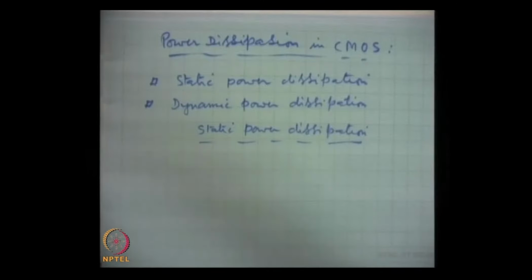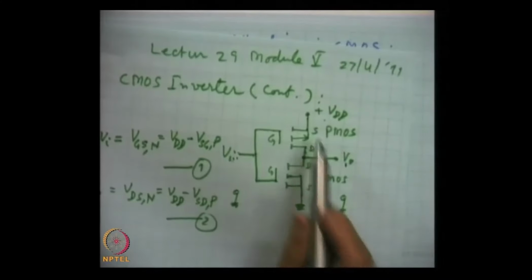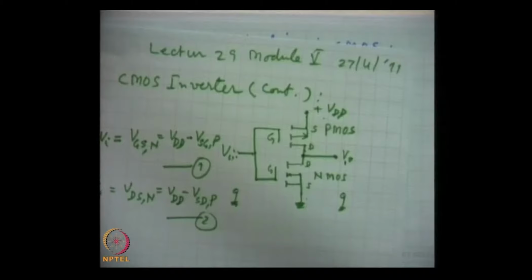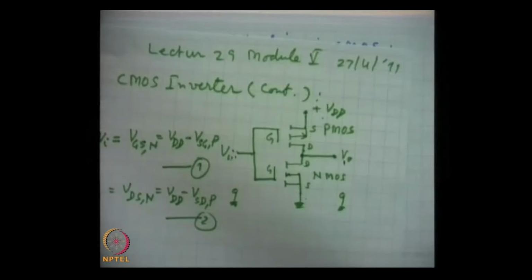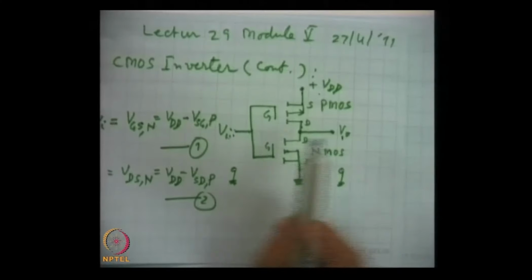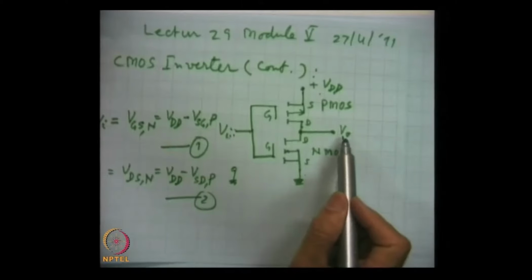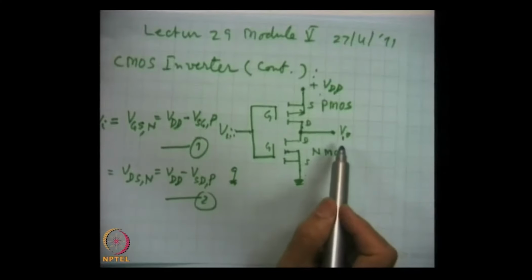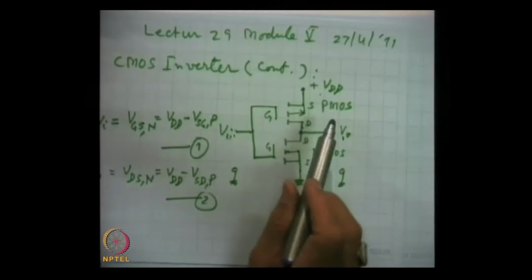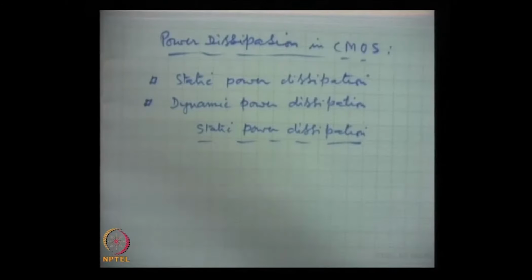Static power dissipation occurs when these MOSFETs have changed states, for example, from high output to low output or vice versa. So, the states have already changed. What is the power dissipation in that changed state? That is called static power dissipation.